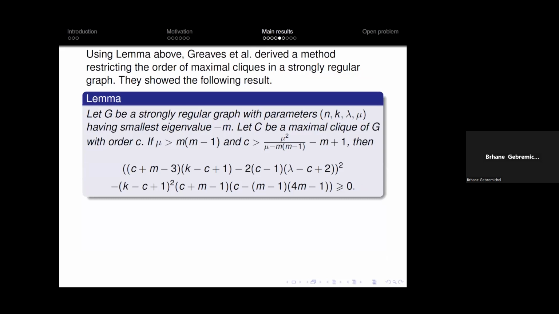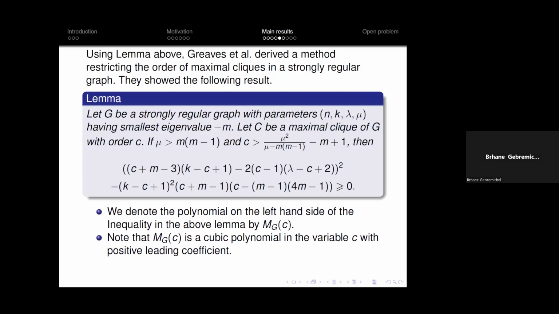Let G be a strongly regular graph with parameters n, k, lambda, mu having smallest eigenvalue negative m. Let C be a maximum clique of G with order C. If mu is at least m times m minus 1 and the order of the clique is at least mu squared over mu minus m times m minus 1 minus m plus 1, then this inequality is at least 0.